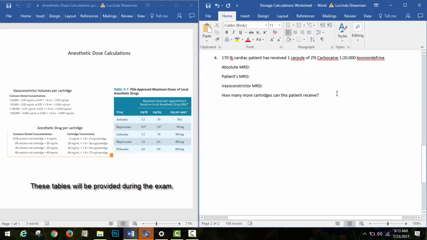Now, for this last scenario, a 170-pound cardiac patient has already received one carpule of 2% carbocaine with 1 to 20,000 levonordefrin. The absolute MRD for carbocaine, which is mepivacaine, is 400 milligrams.